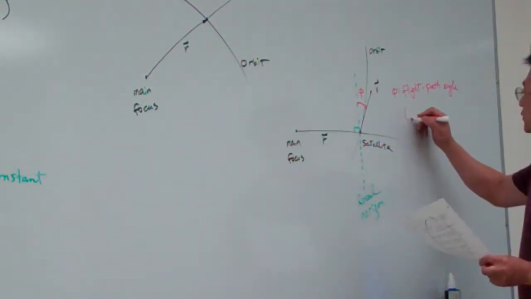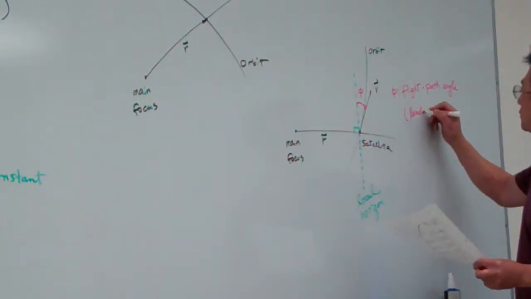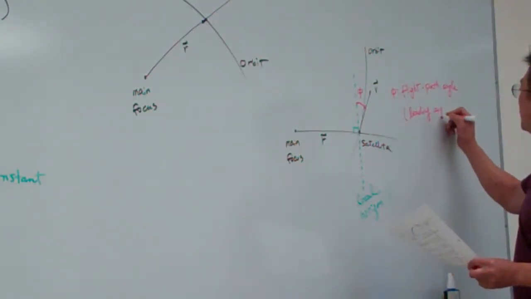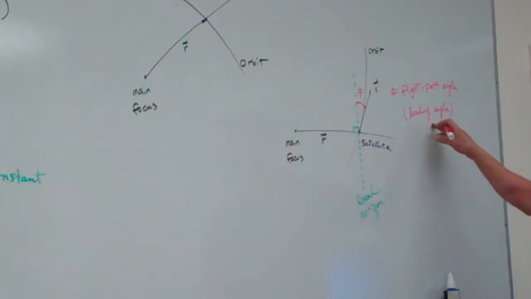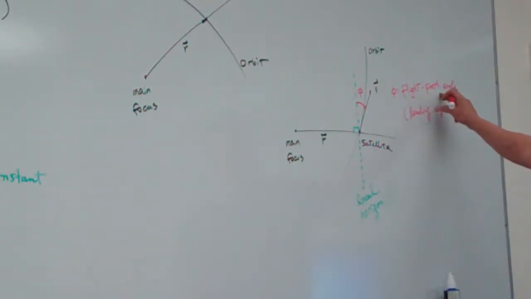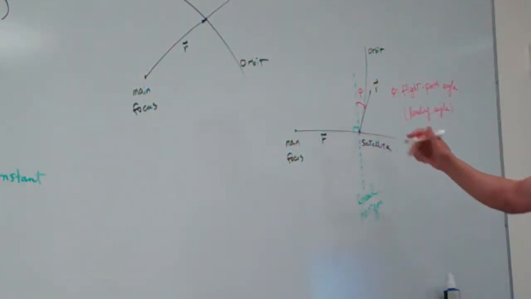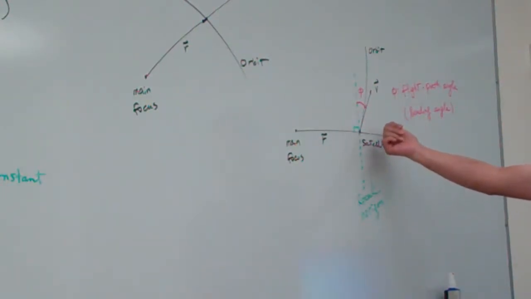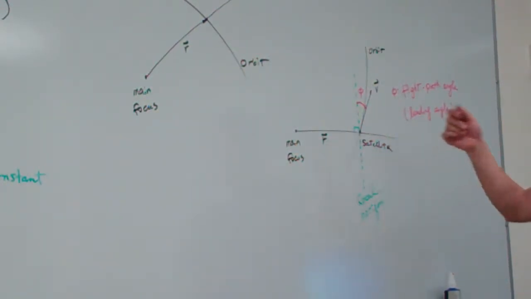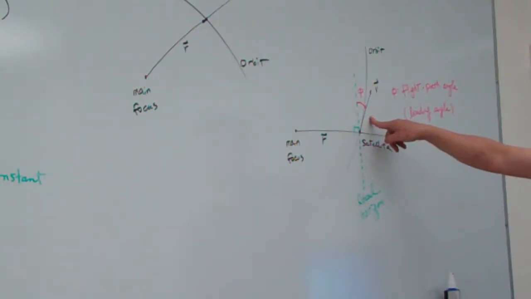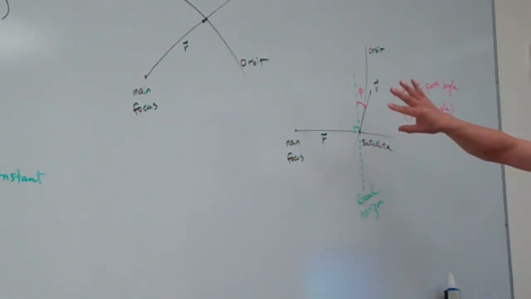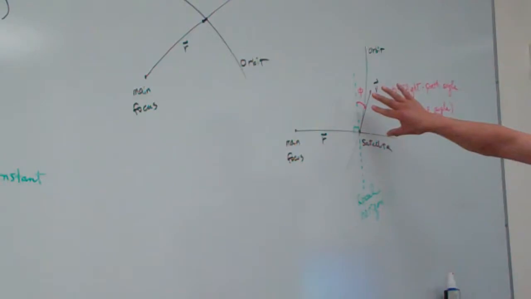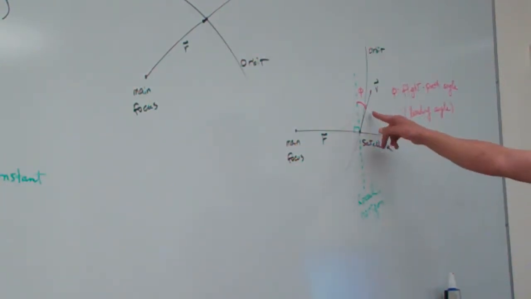Sometimes people call this the leading angle, a term used in other textbooks, but in our textbook we use flight path angle. Again, that is the angle measured from the local horizon to the velocity direction. For this demonstration, the clockwise direction is positive.